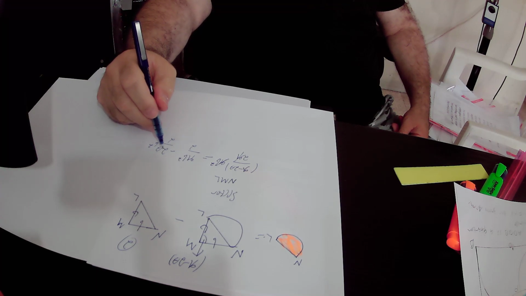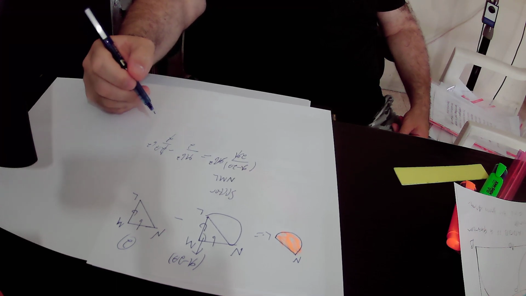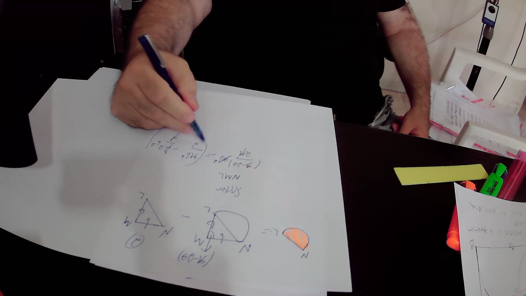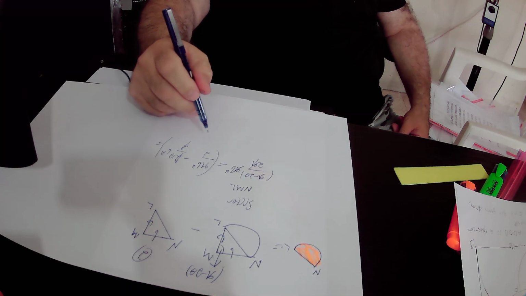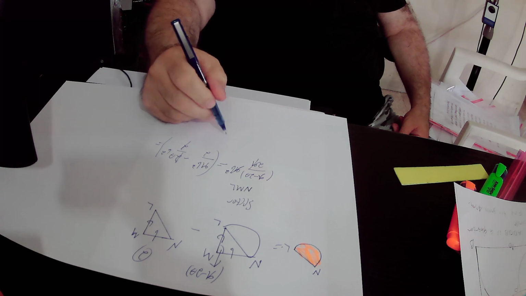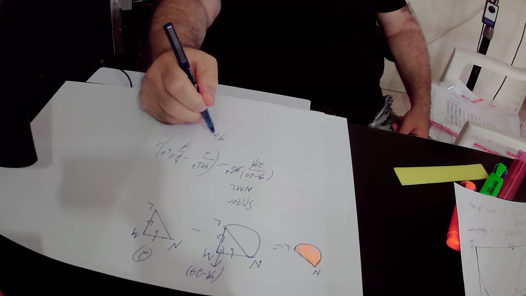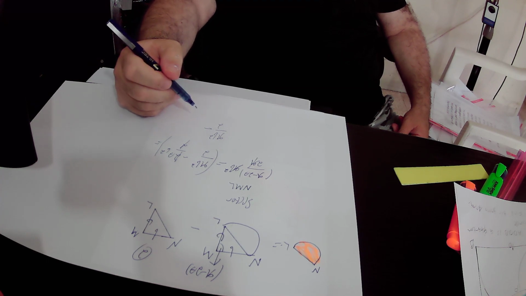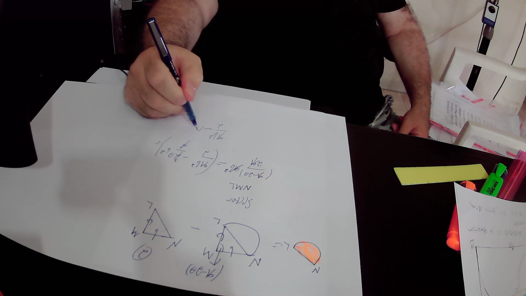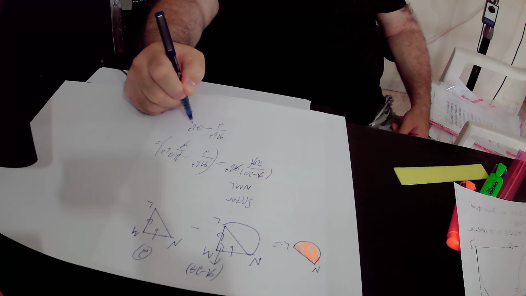Here we have 2 in the numerator and 2 in the denominator, so 2 will get cancelled. So in conclusion, we found out that the area of sector NML equals pi b squared over 2 minus theta b squared.